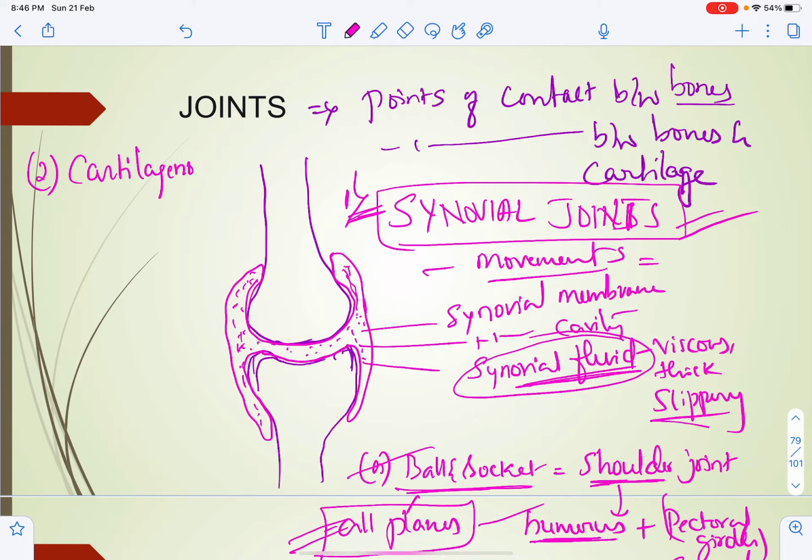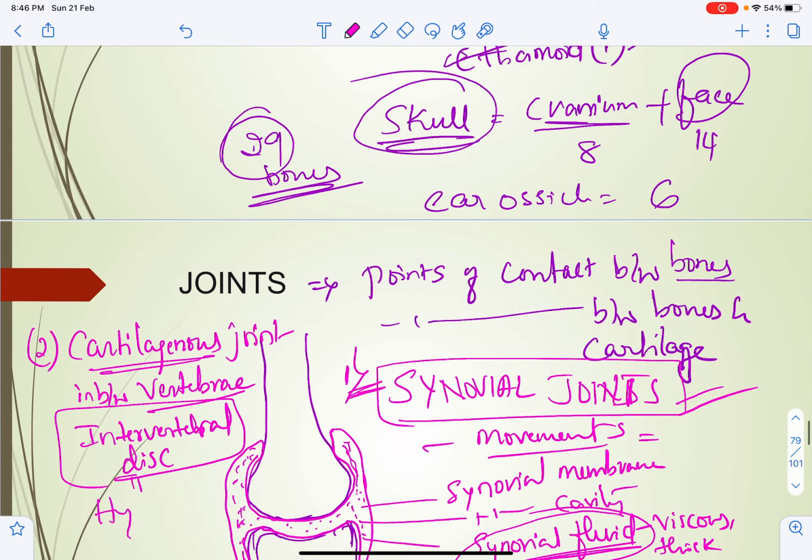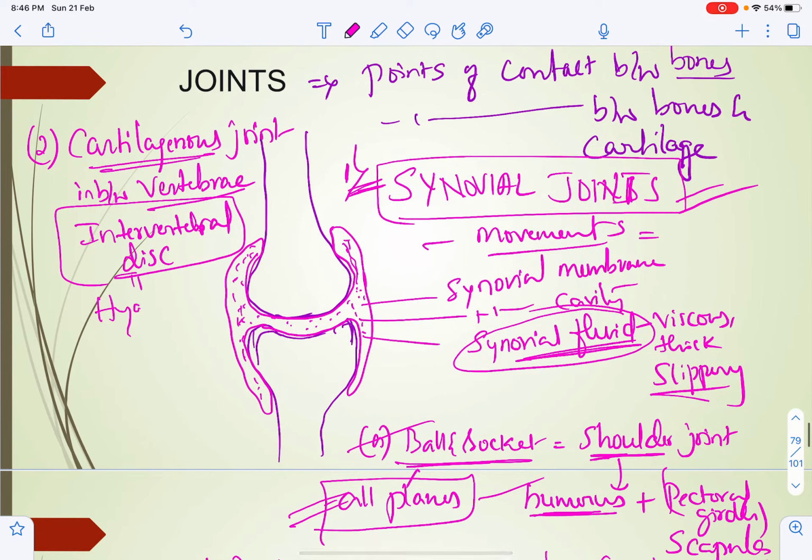Cartilaginous joint is seen in between vertebrae. In between vertebrae we have the intervertebral disc. This disc is generally made up of hyaline cartilage.